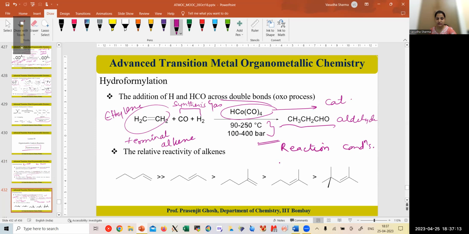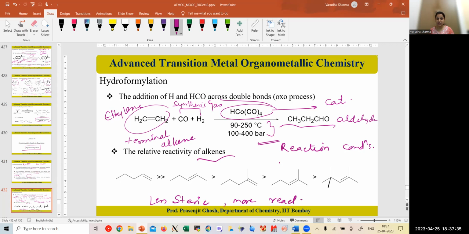Now, looking at the relative activity of the alkenes, terminal alkenes have a higher rate compared to internal ones, as we have discussed. Also, among terminal or internal ones, the less the steric effect, the more the reactivity.